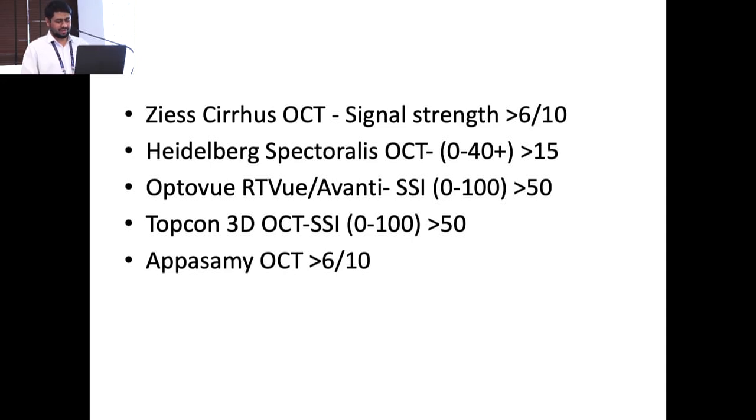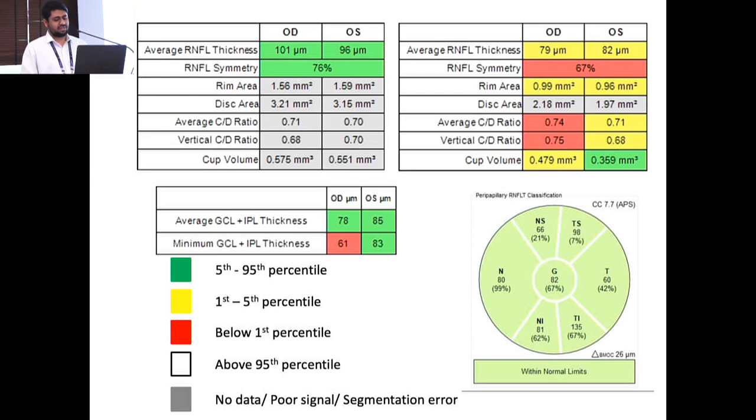Before interpreting an OCT, we should make sure that the signal strength is okay. Various machines have different signal strengths, but it should be in a good signal strength range. Only then can we diagnose or interpret an OCT. OCT has a lot of parameters, and one of the most important is the average RNFL thickness, which says whether the RNFL is normal or abnormal.